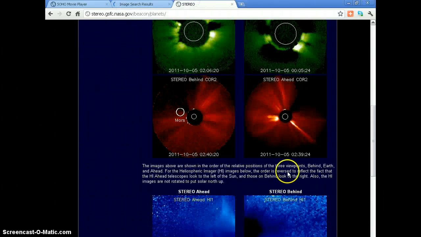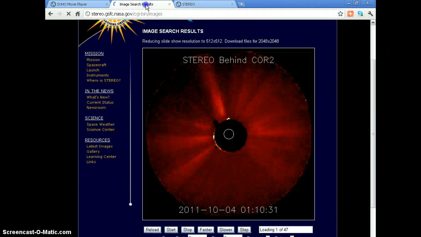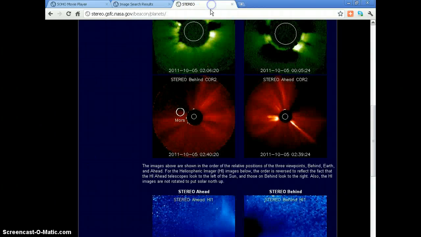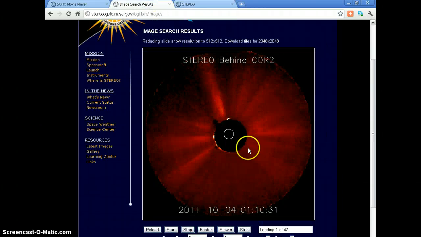Let's have a look. So Mars is here, and we're going to look at this area also. I'm going to pop back in here as this loads up. Let's have a look now. It's taking its time for some reason.